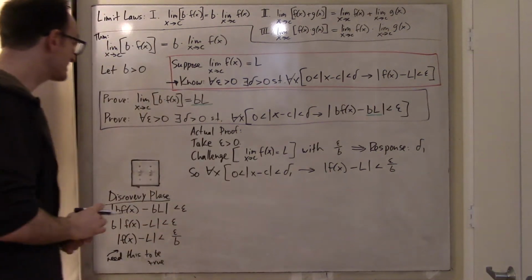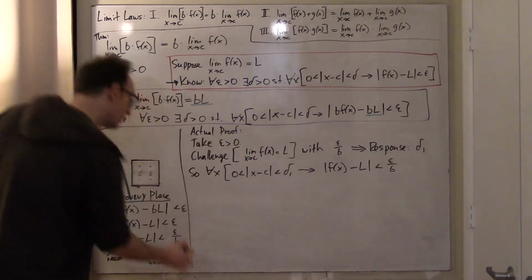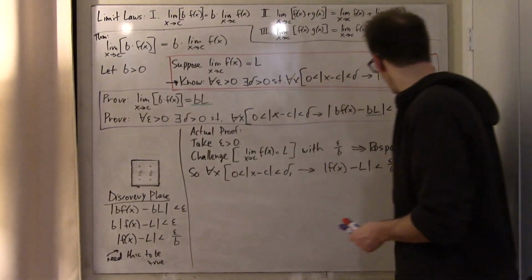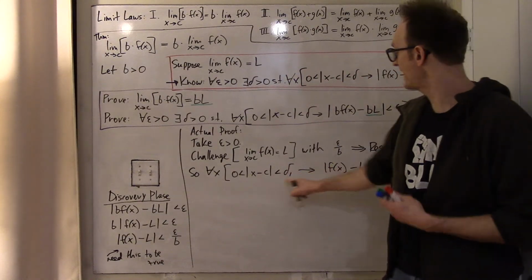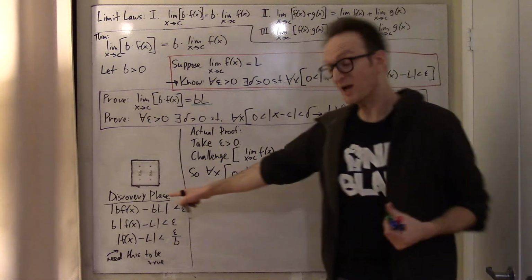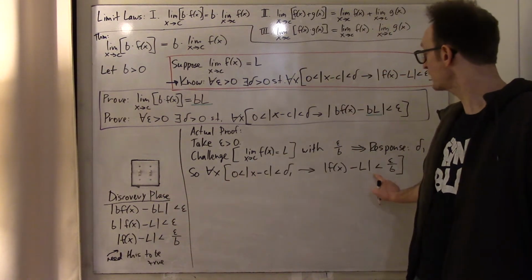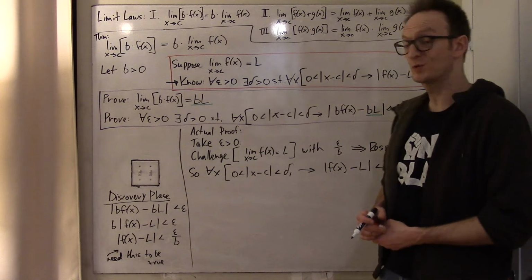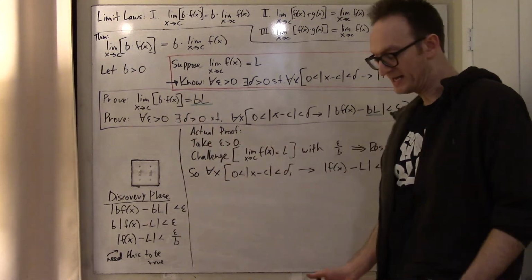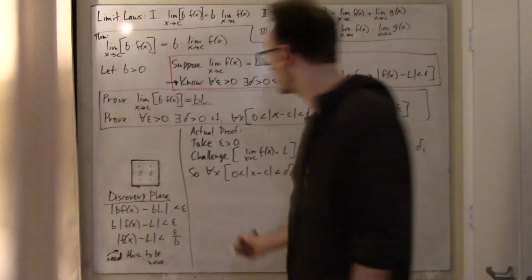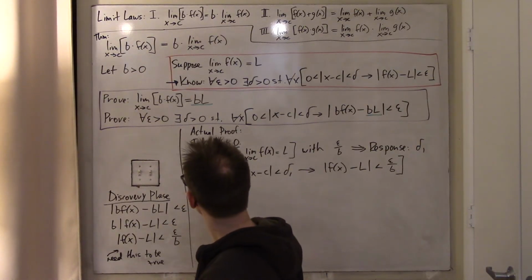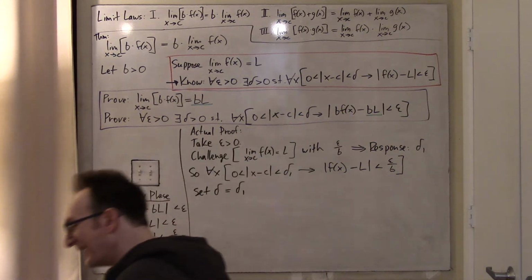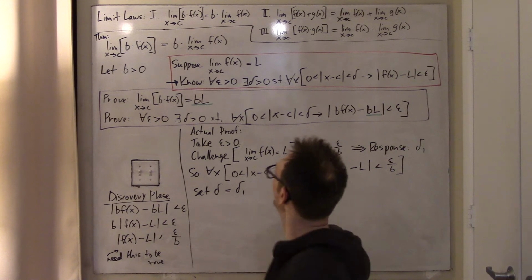Alright, so what am I being told now? I'm being told that delta 1 is how close I need to get in order for this to be true. But my discovery phase said that this is exactly the thing that I need to be true. And so now I am ready to give my response. Here's my response: set delta to just be delta 1. Okay, that's really it.